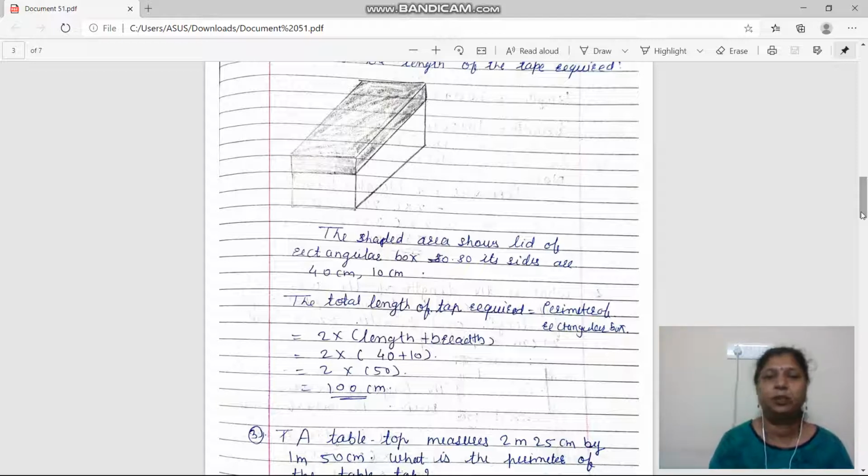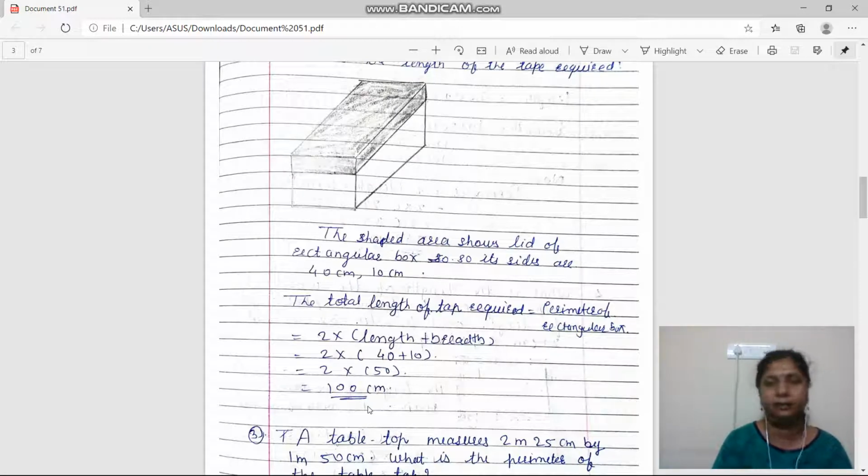Now the total length of tape required to wrap that box is equal to the perimeter of the rectangle. 2 into (length plus breadth). So it is equal to 2 multiplied by (40 plus 10), that is 50. So 2 multiplied by 50 we get 100 centimeter.